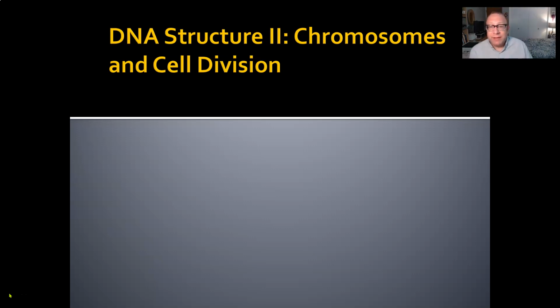I'm your instructor, David Leitner, and today we are going to be talking about meiosis, which is the way that new sex cells are formed. We'll touch a little bit on chromosomes themselves, what they are, and some important aspects of them, and very briefly about mitosis, which is the way that somatic cells grow and divide.